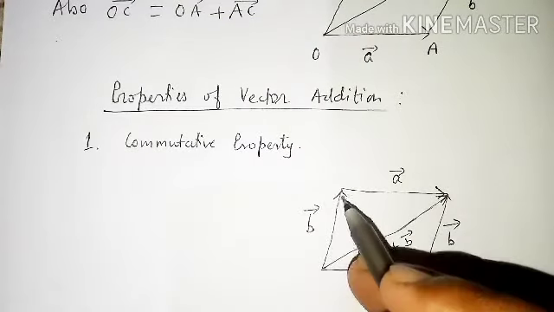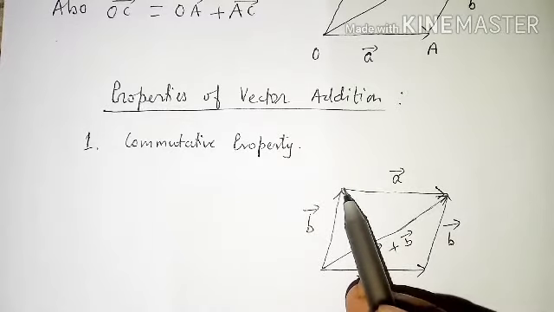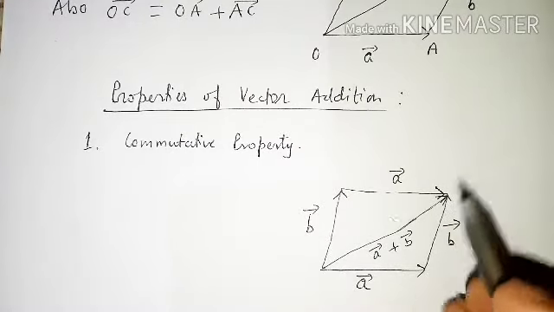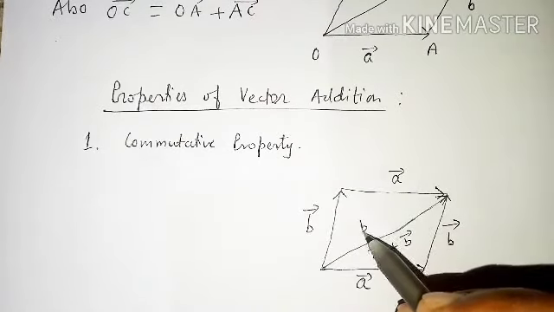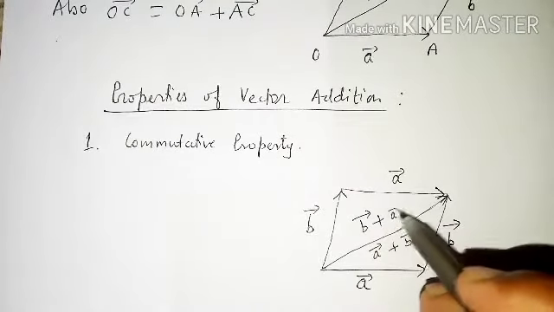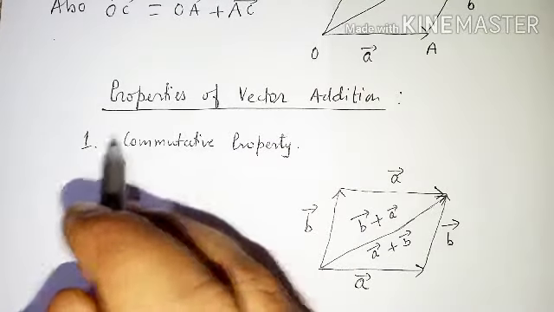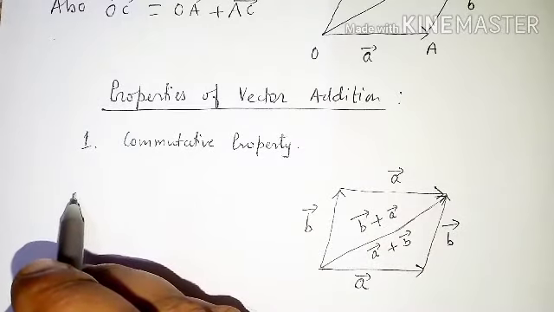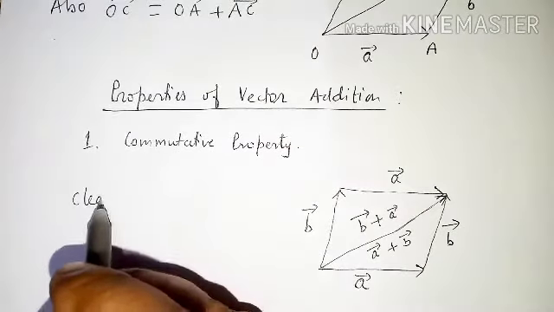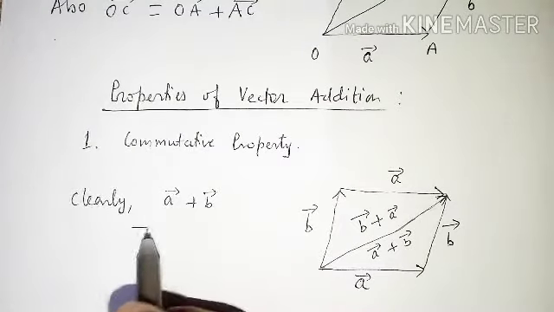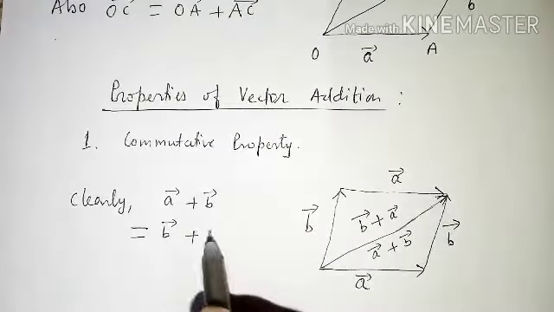We know that here tail to head is combined, then the vector from the tail of first vector to the head of second vector gives us the resultant vector. So this is also vector b plus vector a. So we can say that vector addition follows commutative property. Clearly vector a plus vector b is equal to vector b plus vector a.